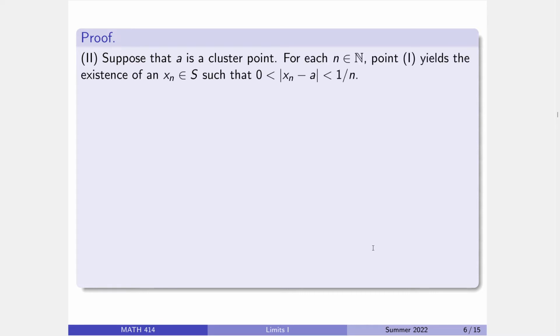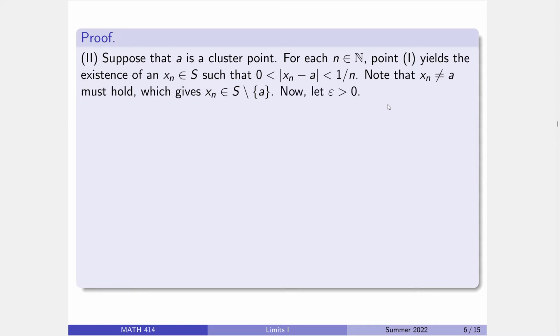Well, by point 1, for any natural number n, I can find an x sub n such that the absolute value of x_n minus a is strictly positive and less than 1 over n. That guarantees that x sub n is never equal to a, so my sequence must live in the set S minus a. Now given an epsilon, I can find a capital N so that 1 over capital N is less than epsilon.